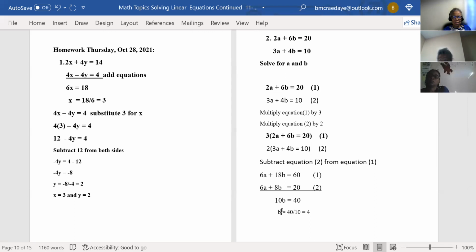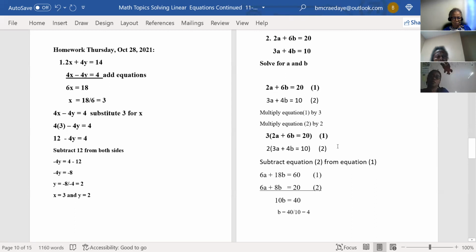When we finish doing the distributive property on both, and then you eliminate the 6a from the two equations, what do you leave with? Isn't it a positive 18b and a positive 8b?